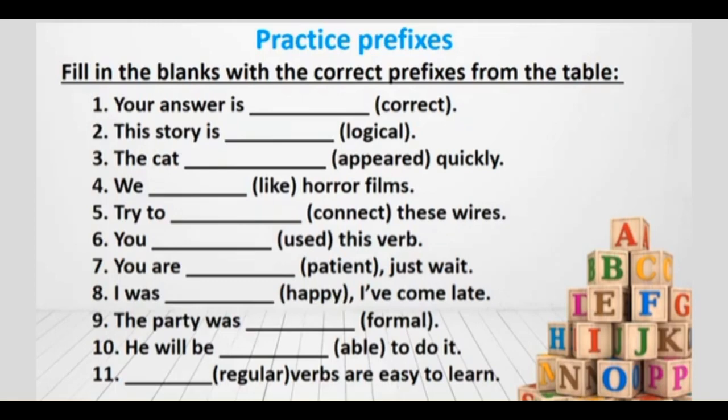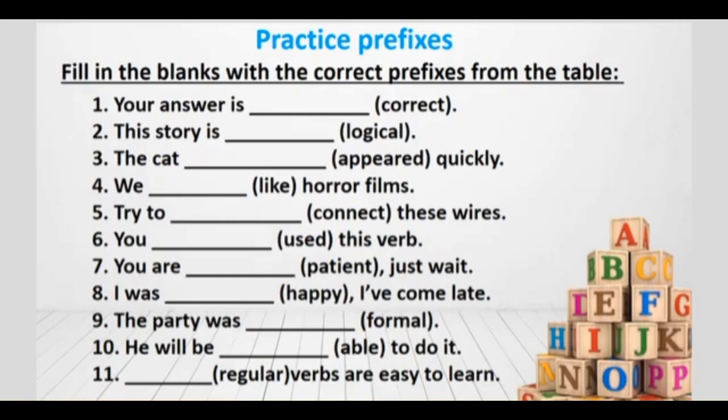Number 6, you (used) this verb. Number 7, you are (patient), just wait. Number 8, I was (happy), I have come late. Number 9, the party was (formal). Number 10, he will be (able) to do it. And number 11, (regular) verbs are easy to learn.